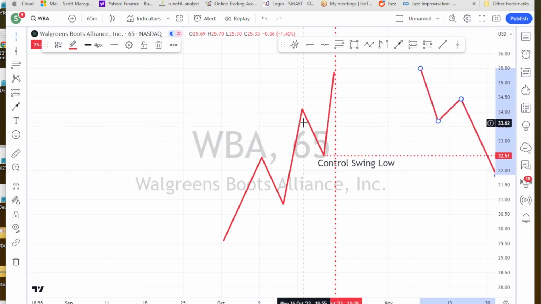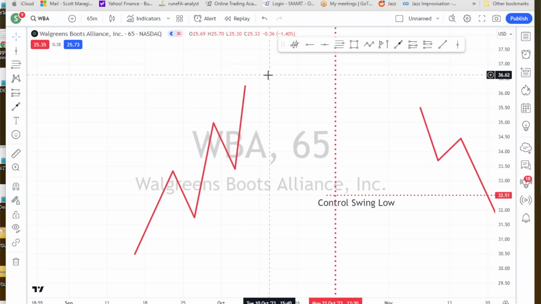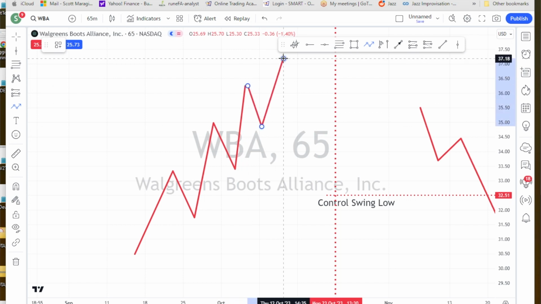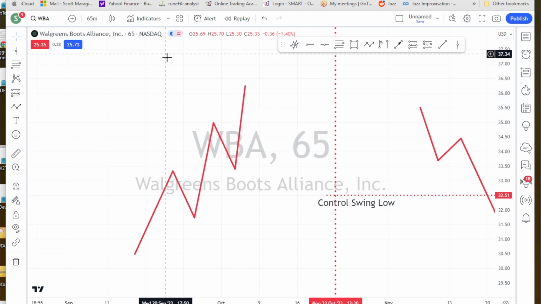So the two things that I'm really looking for are just a good trend structure like this, and looking for this to continue. You know, say it's an uptrend, it looks like this, and you'd be anticipating that it would continue what it was doing.